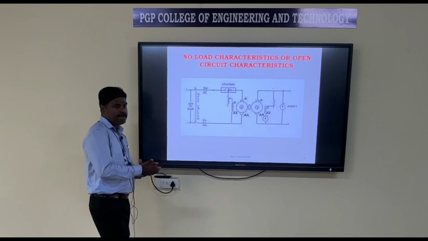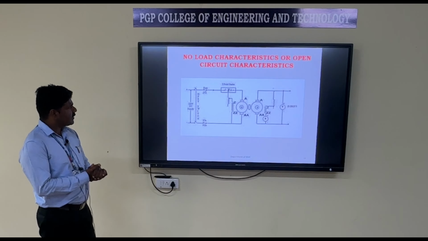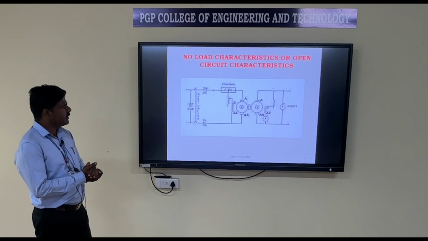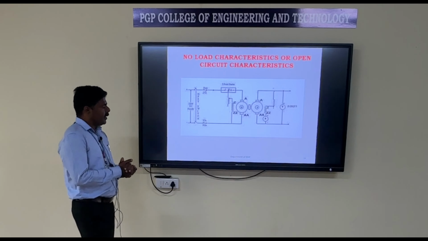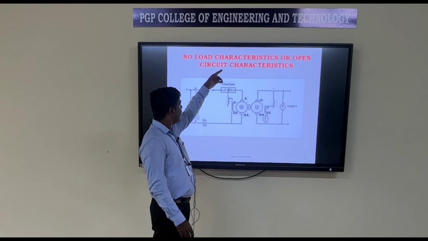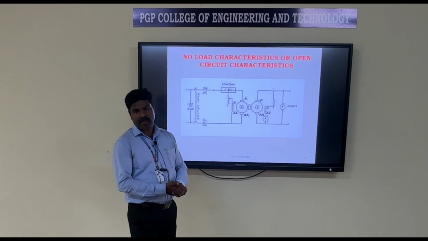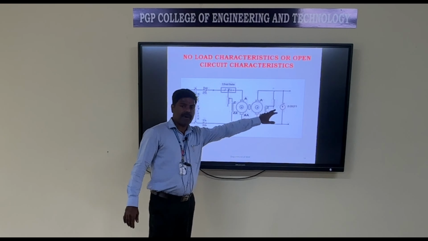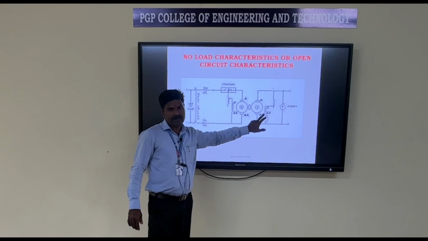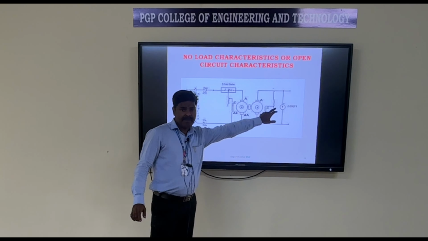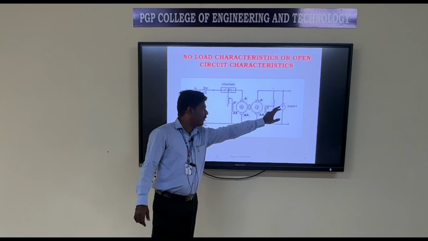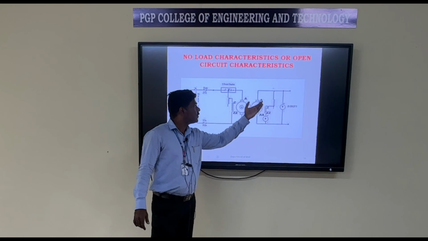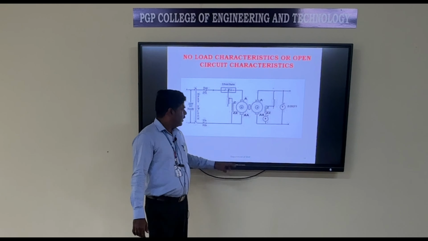So this circuit diagram represents the no load characteristics of a self-excited DC shunt generator. Here, no load characteristics means the graph is plotted between induced EMF at no load against field current. The curve drawn between various values of induced EMF against field current is known as open circuit characteristics.